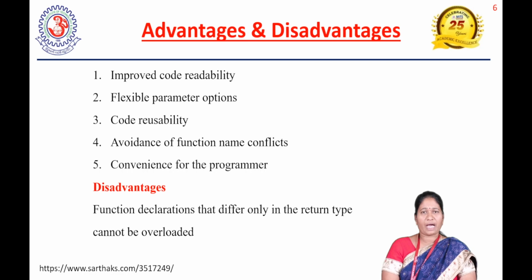If you have different function names, it is difficult to recognize what each function is going to do. If we have the same function name in different places for different purposes, it avoids naming conflicts. After that, it is very helpful and flexible for the programmer.